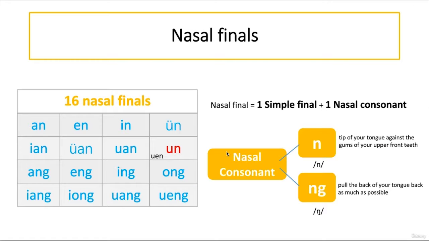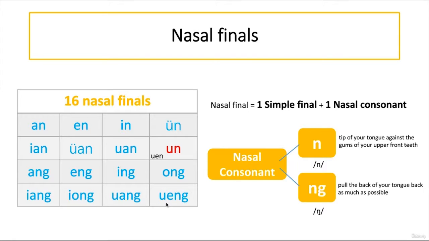Let's take a look at the next group, nasal finals. There are 16 of them. They are an, en, in, un, yan, yuan, wan, wen, ang, eng, ing, ong, yang, yong, wang, weng.